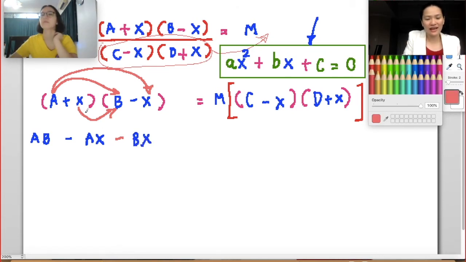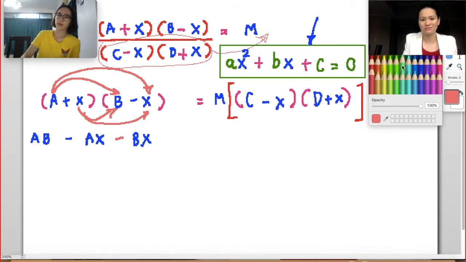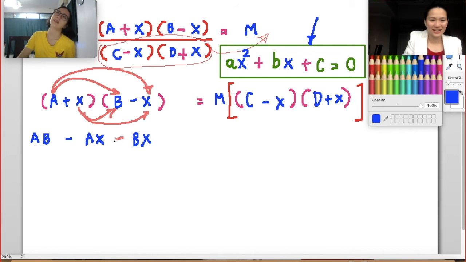Next one, x multiplied with negative x, what is the answer? Jasmine. x multiplied with negative x is negative x squared. Correct. Good job. Next one.